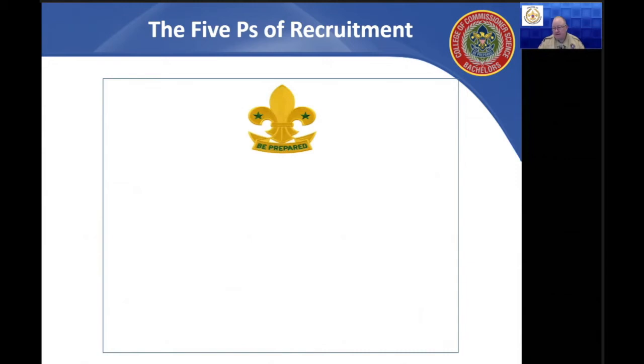And I'm thinking about that as a district commissioner here. If I have a unit who doesn't have a commissioner, that probably means I need to go visit with the unit, or at least the key 3, to find out what their needs are. Right. And if we don't have that, it's hard to find somebody to help them.